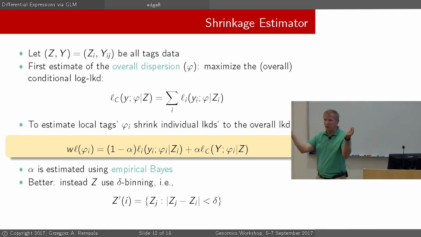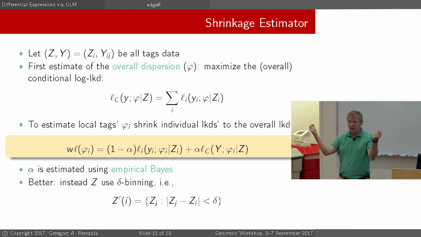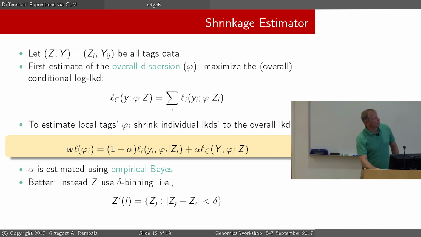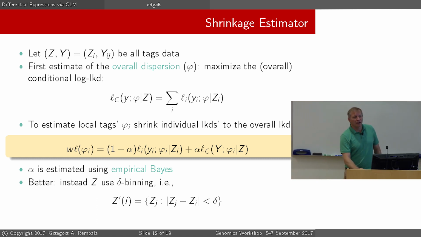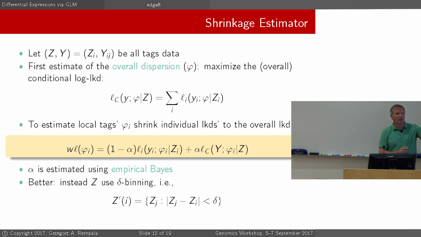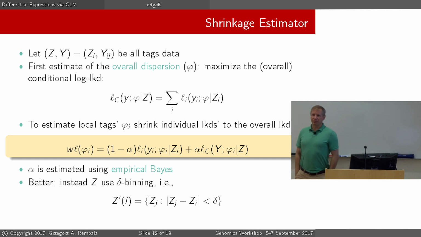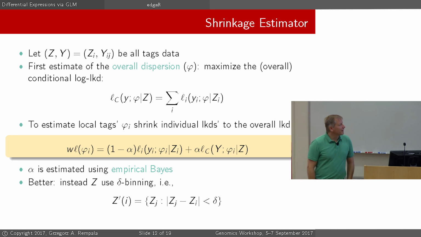I will be looking at the overall dispersion parameter, but at the same time also at the single dispersion parameter for a single tag. And I will be mixing these at some proportions. I called it alpha and 1 minus alpha. So I'm taking a little bit of this overall dispersion, and then I am taking the rest from the dispersion of the particular tag. And I will then use this as a single estimate. This is called the shrinkage method.